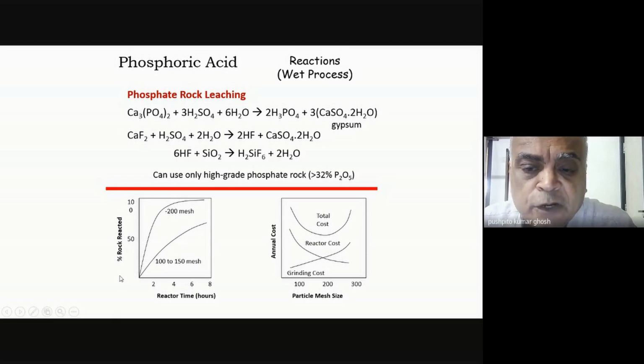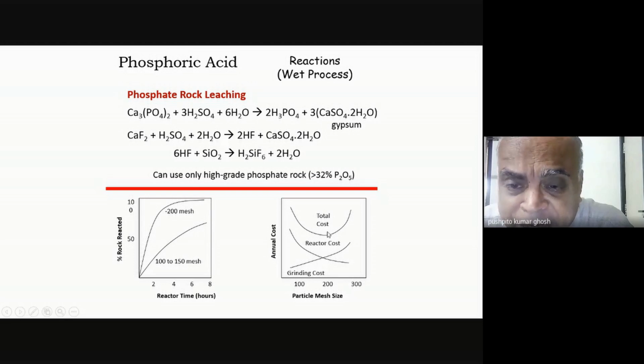So what will it do? As I'm trying to increase my mesh size, my grinding cost is going up. My reactor cost is going down because I can have a higher throughput because my surface area is higher, so my rate of reaction will be higher. But you have to strike a balance between these two.